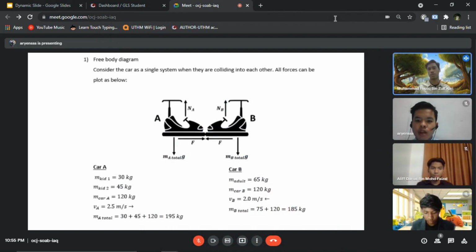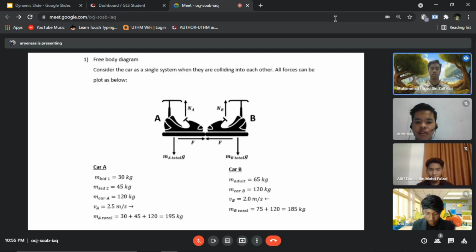So the first step we need to do is the free body diagram. Consider the cars as a single system when they are colliding with each other. All forces can be plotted as below. We have the normal force for A and B, the force between A and B, and the mg for A and B. For car A, all the components are listed below.